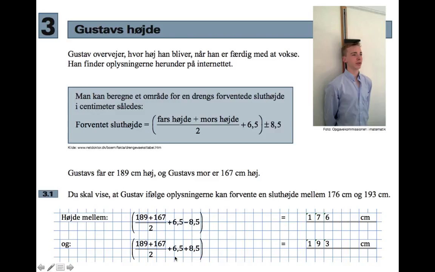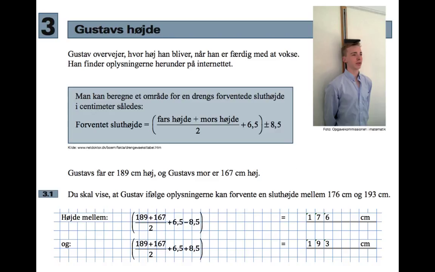Or the highest it can be is if you have 189 plus 167, the father plus the mother, divided by 2 plus 6.5, and then plus 8.5, and that gives you the 193.